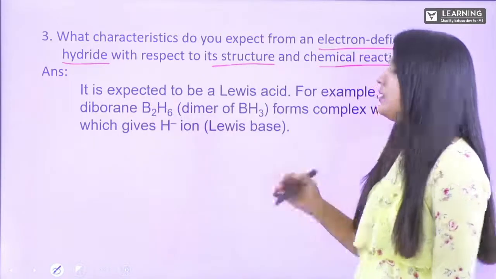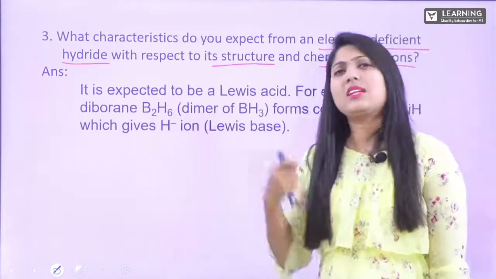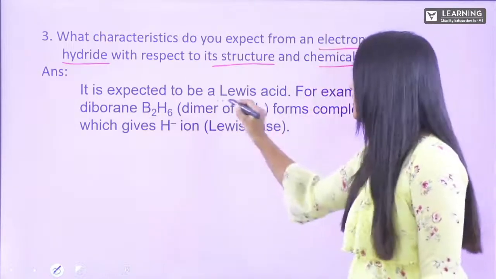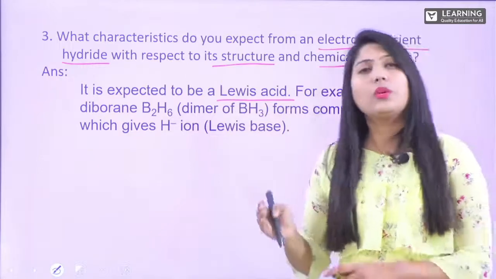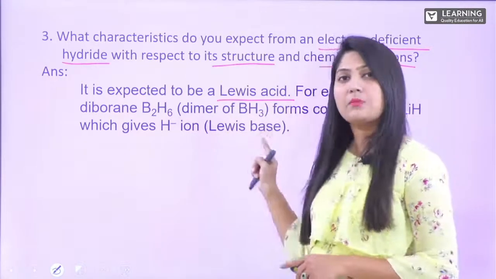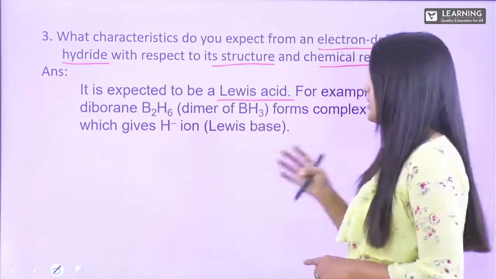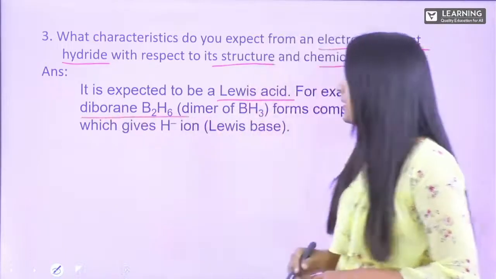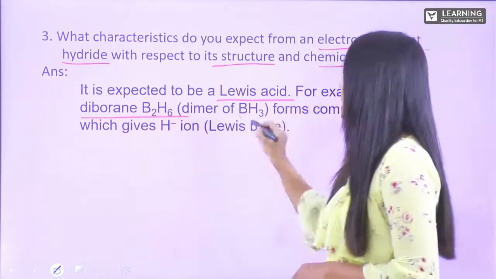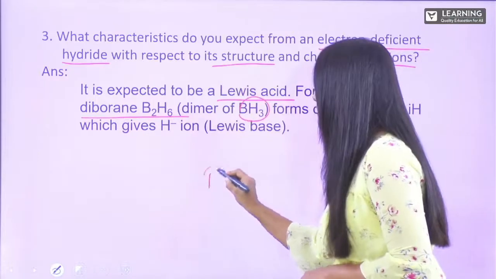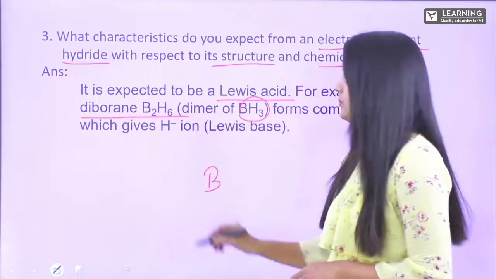That means here group 13 elements are reacting with hydrogen. So it is expected to be a Lewis acid. What do you mean by Lewis acid and Lewis base? We have already explained this. We'll come back to that. So for example, if you take diborane, it is a dimer of BH3. As I've already told you, it is a dimer of BH3.